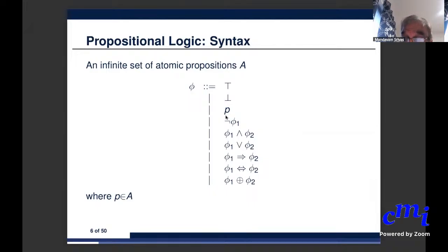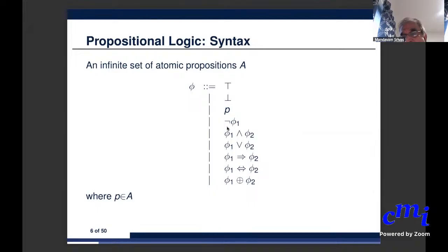The atomic formulas can be either a proposition P, which can take true or false as its valuation, or the constants true and false. And then you build bigger formulas using logical connectives.